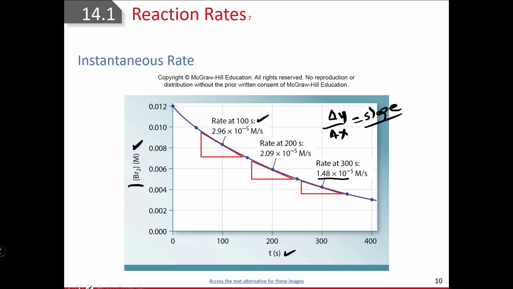So instantaneous rate, remember it's rise over run. It's the slope of the line that touches at one point on the curve. Make sure you know the difference between average rate and instantaneous rate.